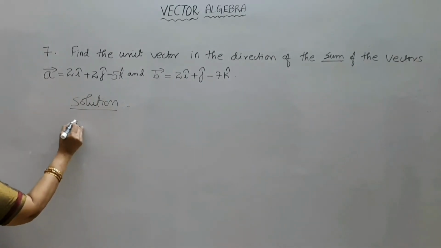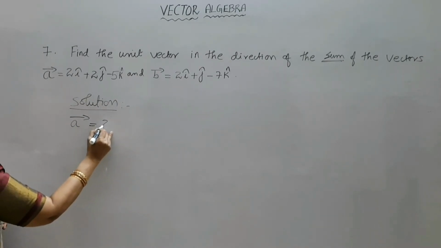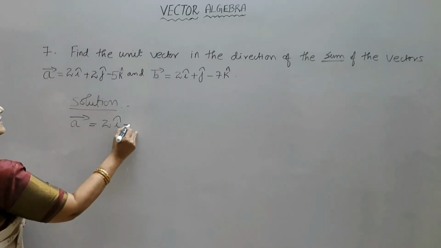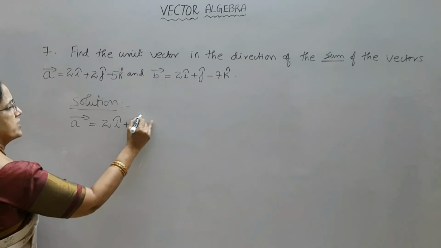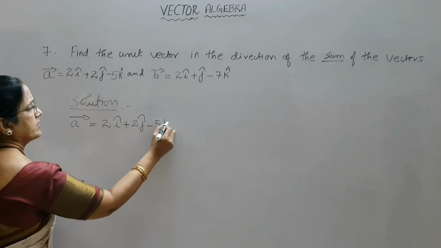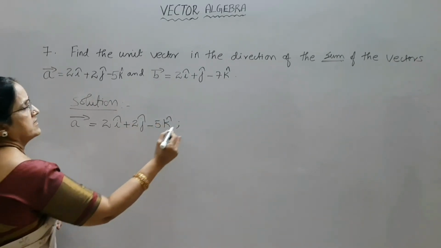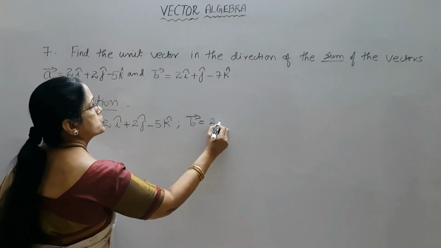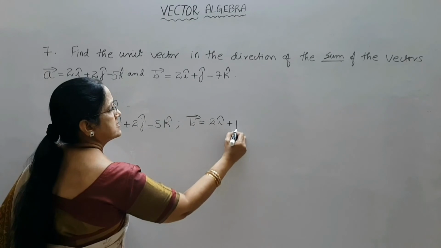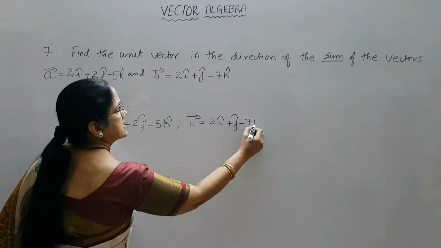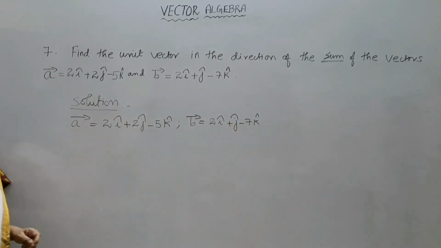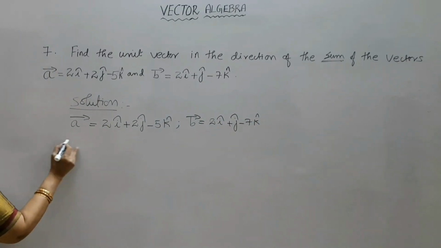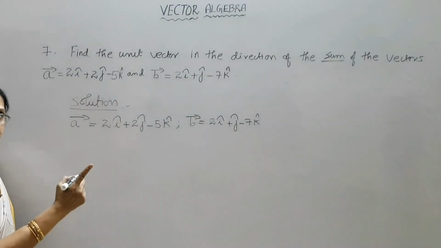You have been given A vector as 2i cap plus 2j cap minus 5k cap and vector B as 2i cap plus j cap minus 7k cap. Let us first find out what is A vector plus B vector.